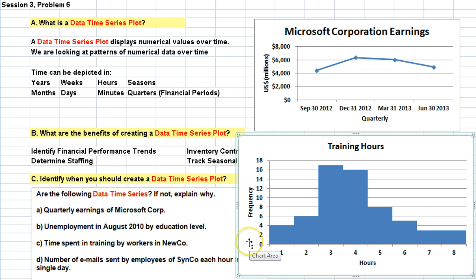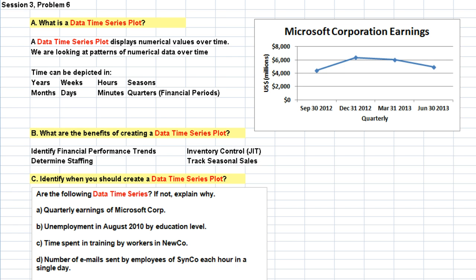You have your frequencies along the vertical axis, you have your numerical primary data along the horizontal axis. So you have the number of times it occurs, or the frequencies. You also call them cases, along the vertical axis, and then you have your hours along the horizontal axis. But that is not a time data series, so that's a no as well. We'll put that one aside.